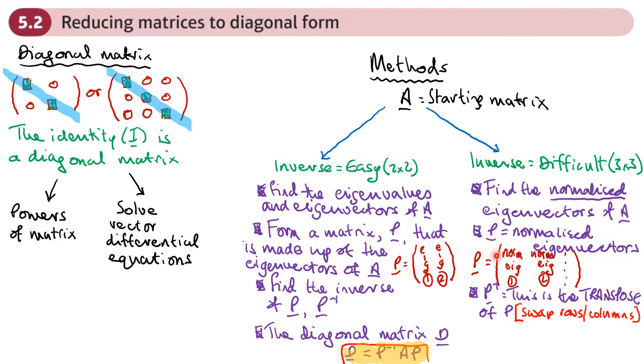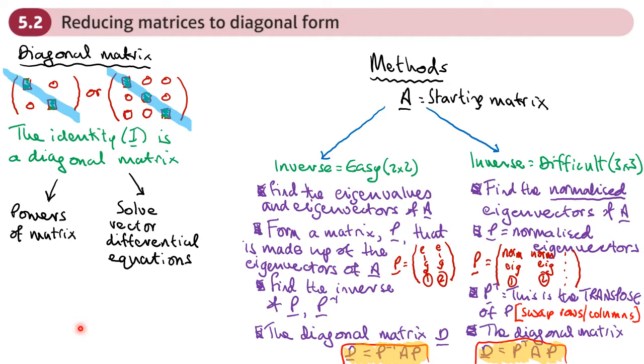So basically in PT we'll have the normalized eigenvectors going across each row like this, and then the diagonal matrix D, well, this time it's equal to PT, the transpose, times A times P. So you can see there's a slight difference. One has the inverse of P, this one has the transpose of P. I'll highlight this because this is the important bit about how we find this diagonal matrix.